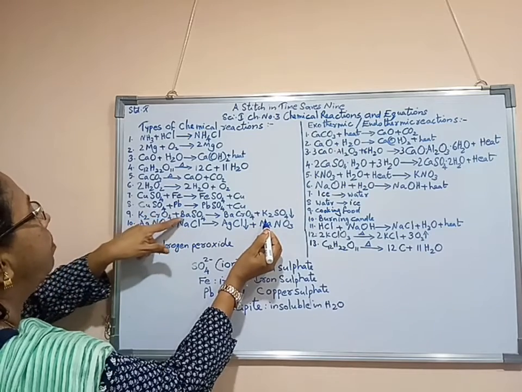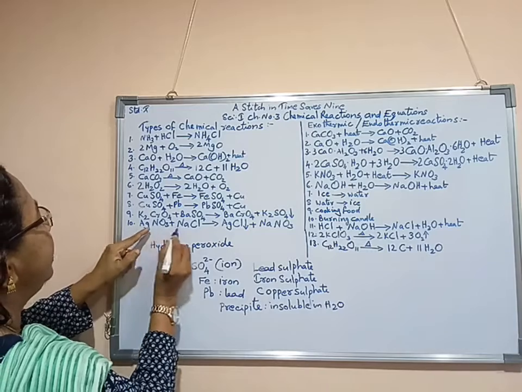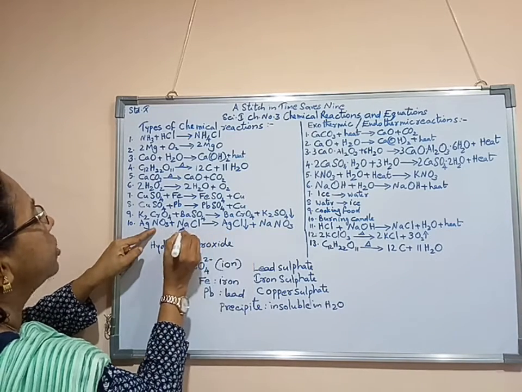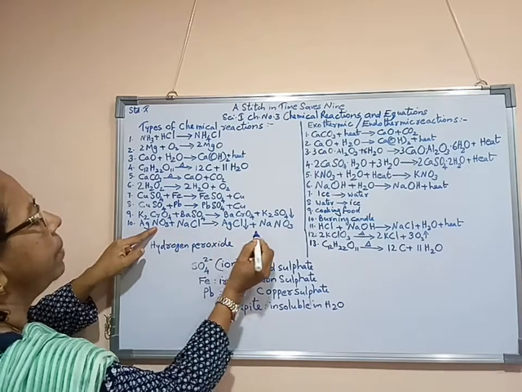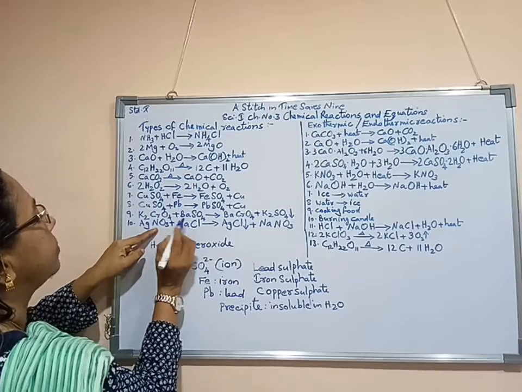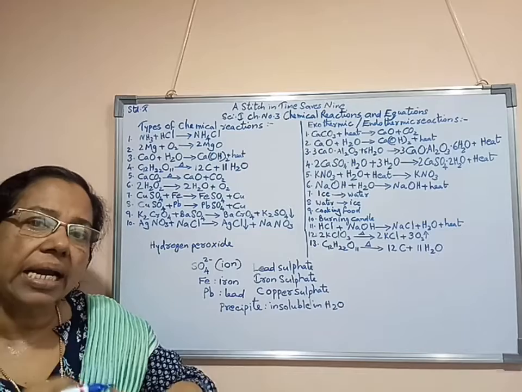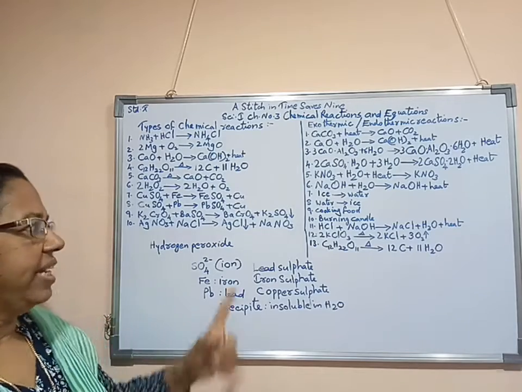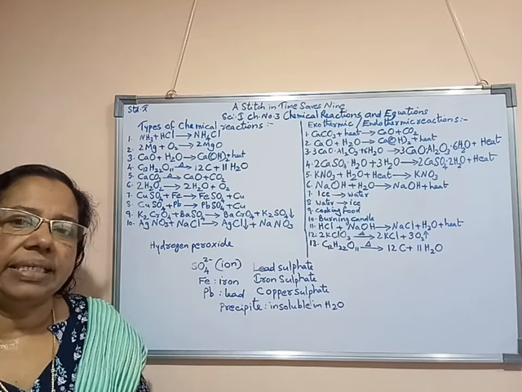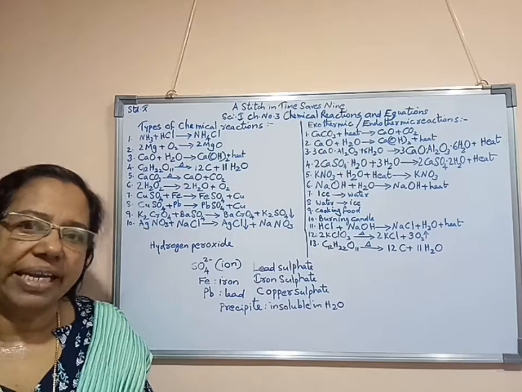Similarly, here barium sulfate changes to barium chromate. Similarly here silver nitrate changes to silver chloride and sodium chloride changes to sodium nitrate. That means these ions are exchanging. So ions which are present in the reactants are exchanged, as well as in the product one precipitate is forming. Then we can say that that reaction is an example of double displacement reaction.